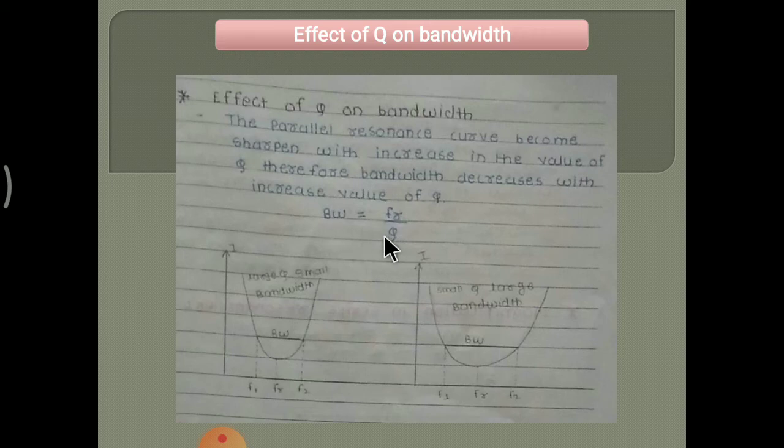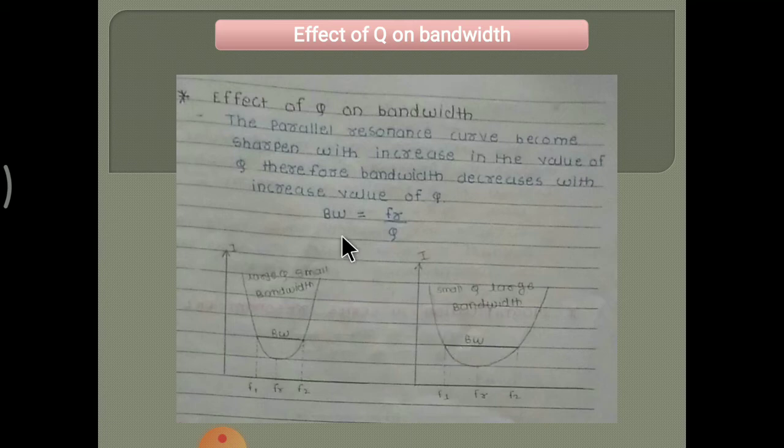That means bandwidth is inversely proportional to the quality factor when the resonance frequency is fixed. When the quality factor Q is large, the bandwidth is small, meaning a sharpened bandwidth. When Q is small, the bandwidth is large.